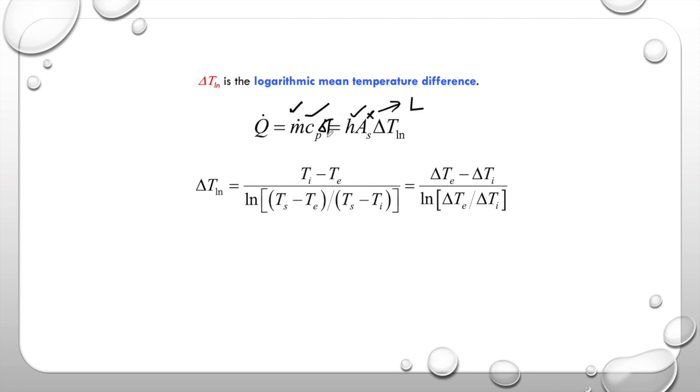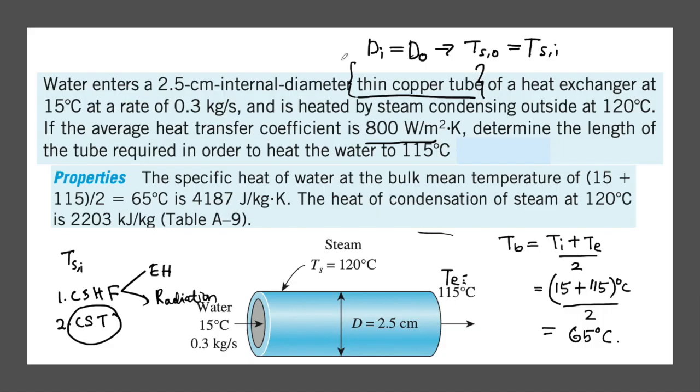What about delta T? Delta T here is T exit minus T inlet. And from this figure we know that T exit is already given and also T inlet.